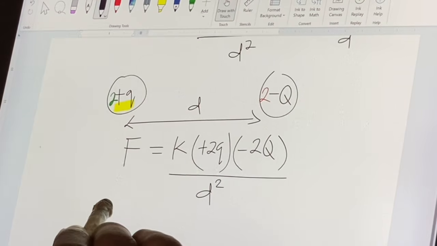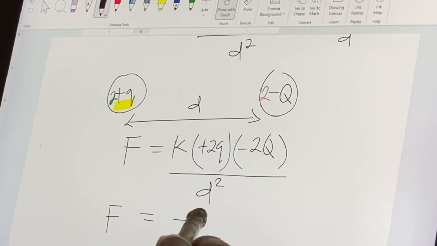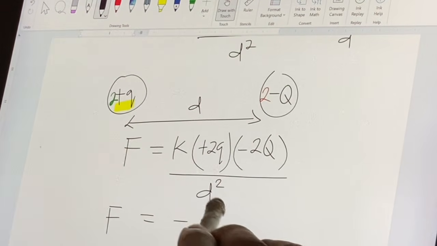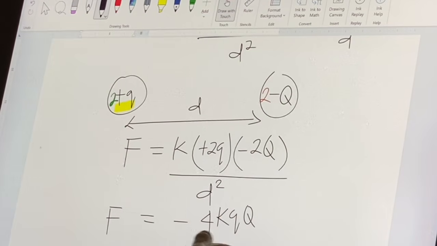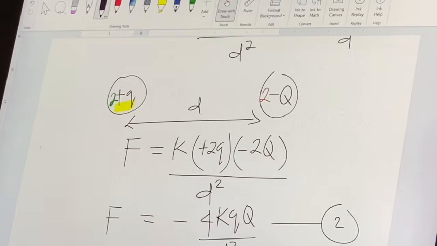Let's simplify this. F is equal to minus 4K small q capital Q over D squared. This is my equation 2.